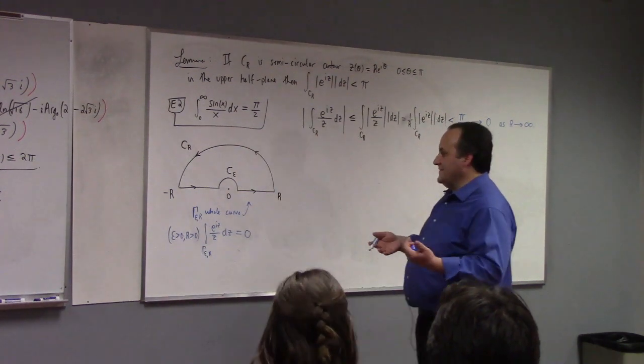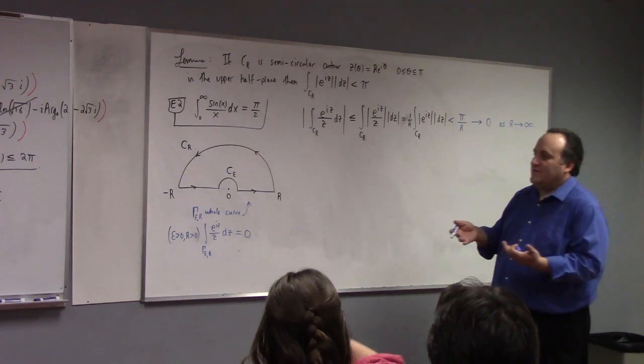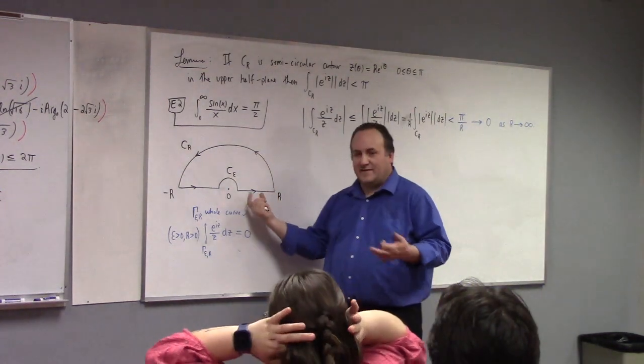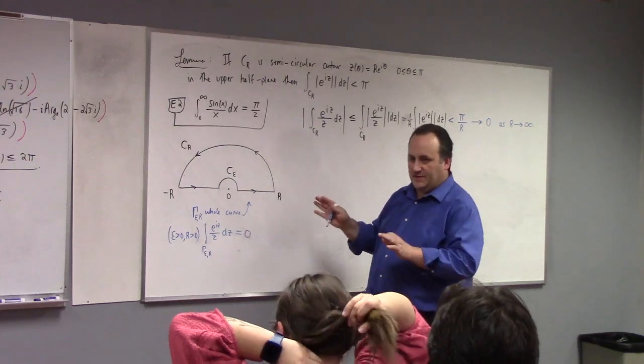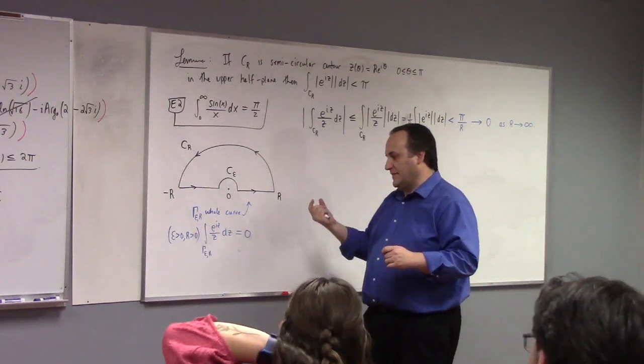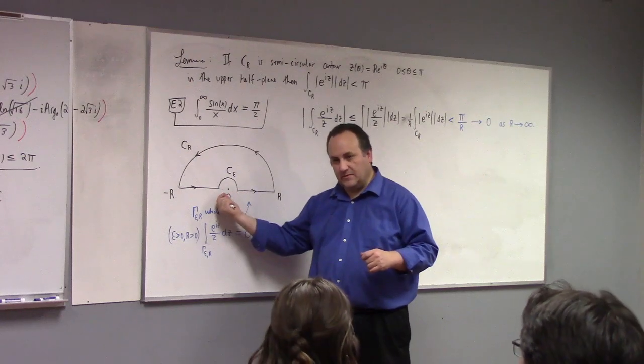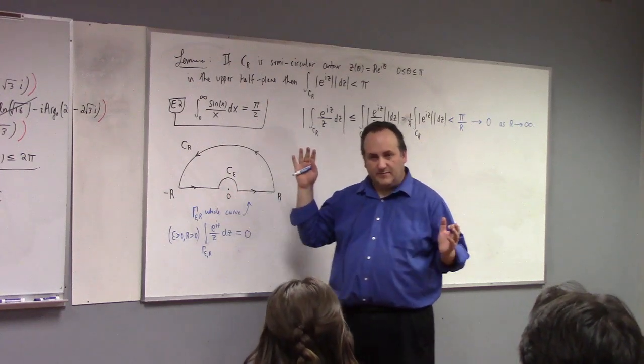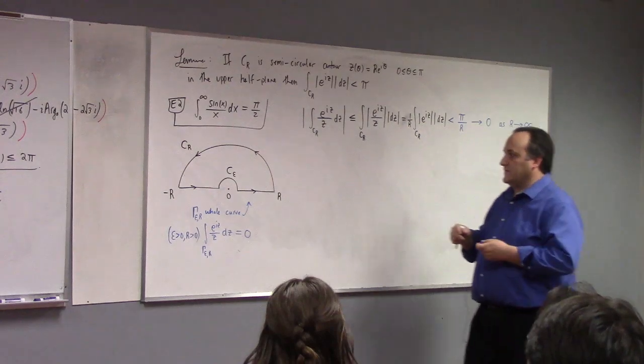Obviously, you need the epsilon to be smaller than the r. I'm not going to fuss about it because we're going to look at two limits simultaneously: epsilon pinching to 0, and r going to infinity. We're going to impose both of those at the same time for this contour.